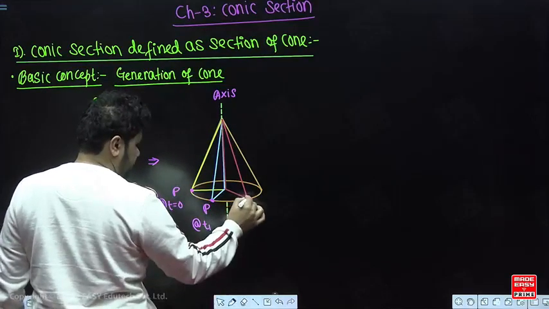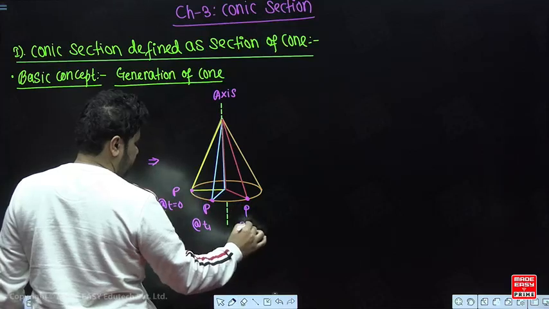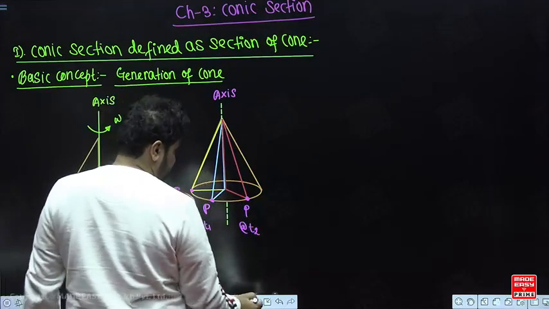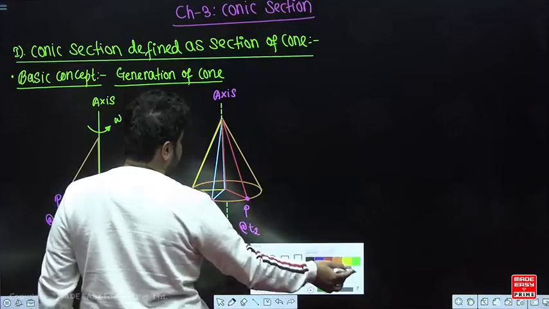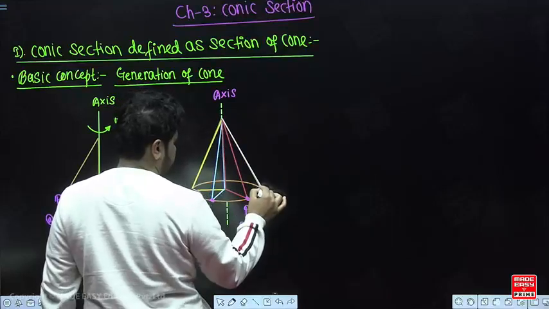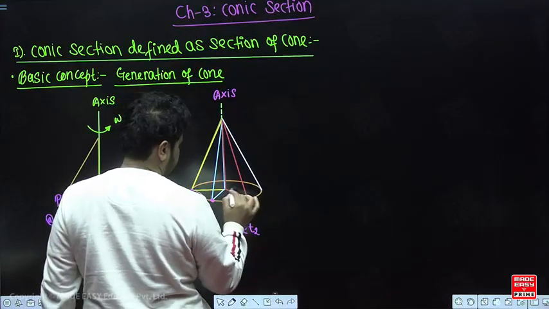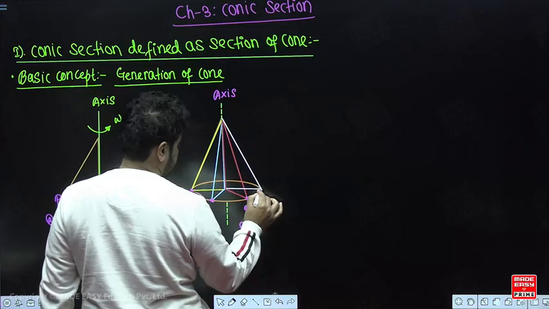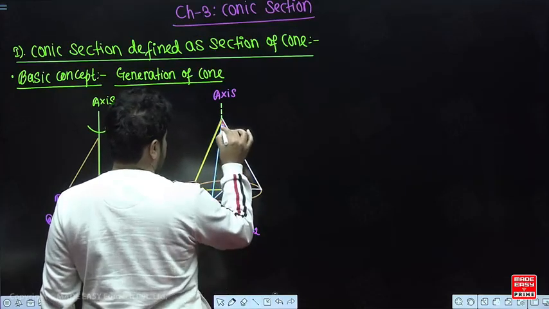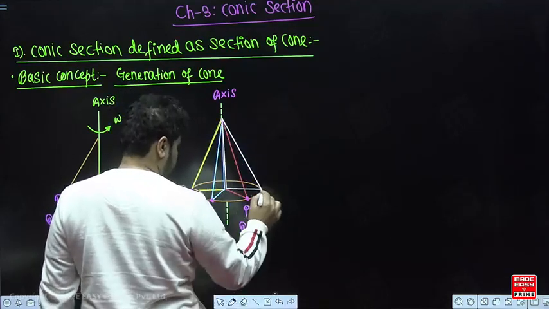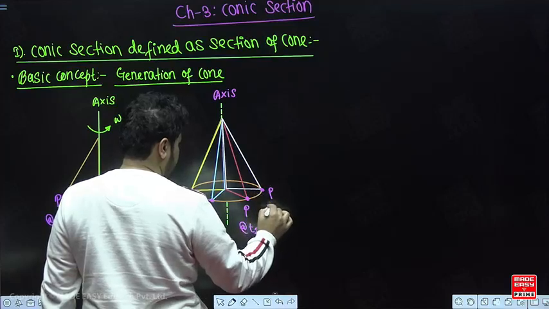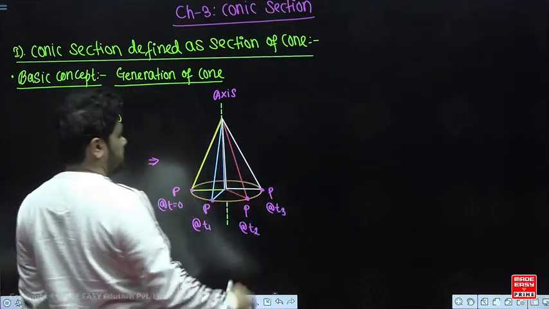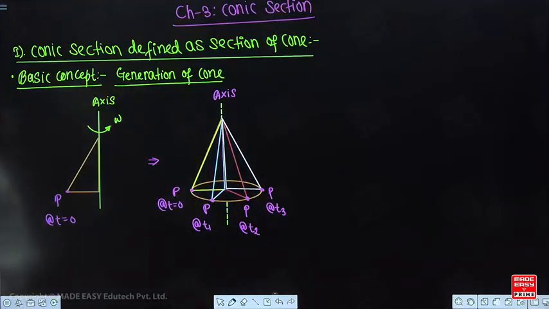So this point will come over here, P at P2, right? After some time what is going to happen? So after some time this point will be like this, isn't it? This will become the point P at t3, isn't it? So this is how the point will rotate.